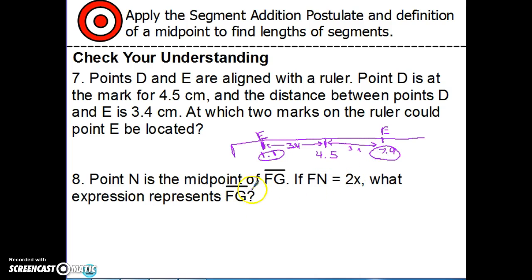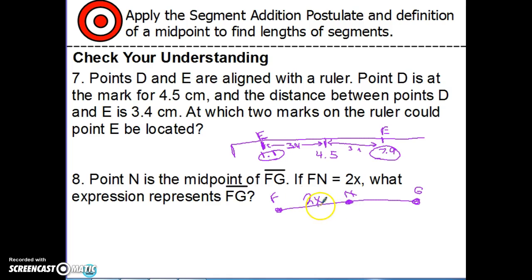Point N is the midpoint of FG. If FN is 2x, what expression represents FG? So let's draw that diagram again, just to make sure I know what's going on. FG, and N is a midpoint, which means it's right in the middle here. They told us FN is 2x.